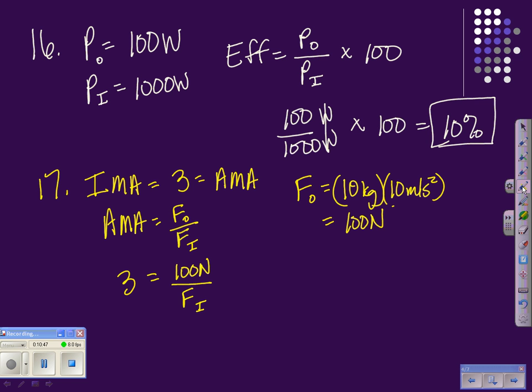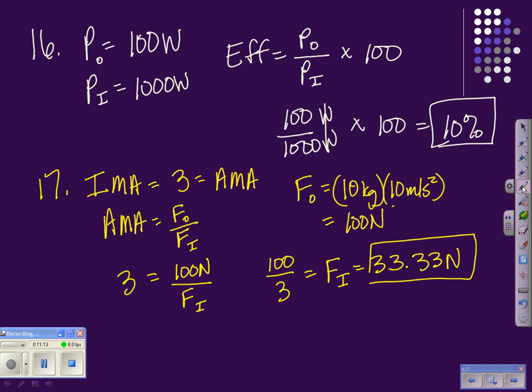Remember, at a constant speed we have balanced forces, but we have something that's going to help us out, so those aren't going to be exactly the same. When we solve, 100 divided by 3 equals Fi. With algebra manipulation you should end up with 33.33 newtons for the first answer. So that's A.